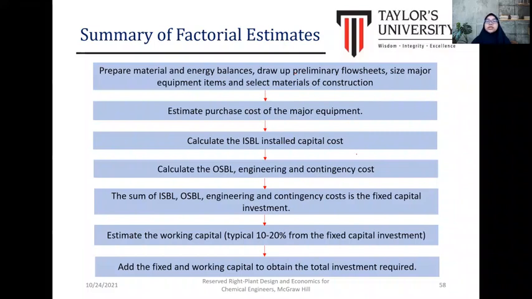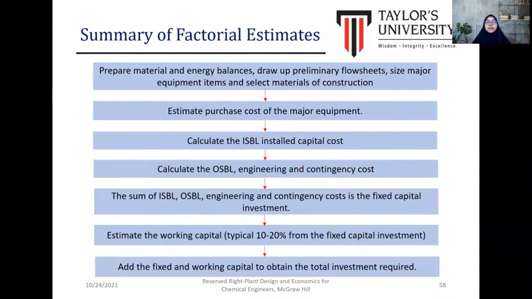So the purchase cost of the equipment depends on the type of the equipment to be estimated. And then after that, we may proceed to calculating the inside battery limit of the capital cost, and also the outside battery limit of the capital cost, such as the engineering and contingency, depending on the specification of the project assigned to you.